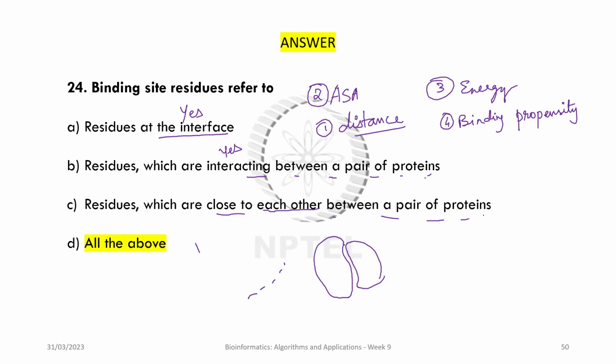Therefore, if you have a cutoff where the accessible surface area differs by just 0.1 angstrom square, as was described in the lectures, although that's extremely small, right?